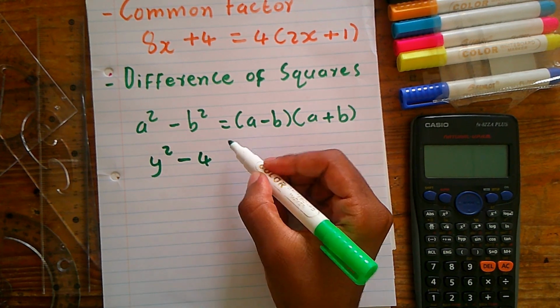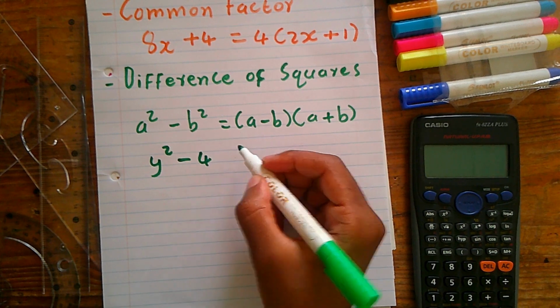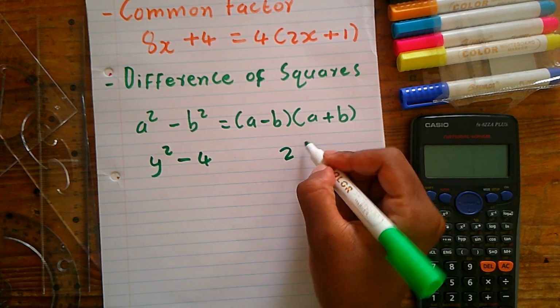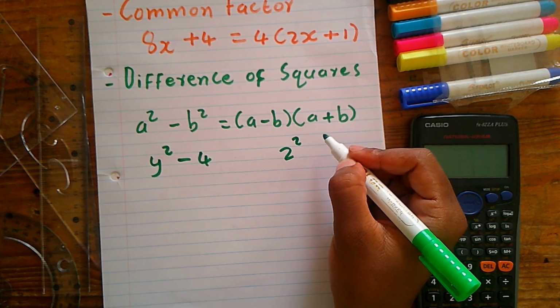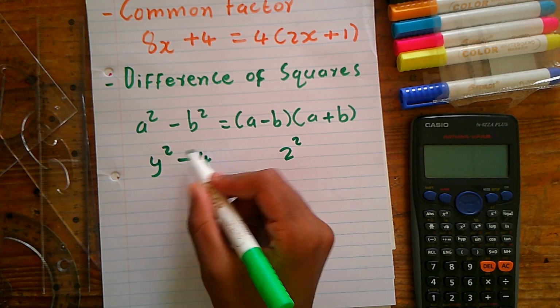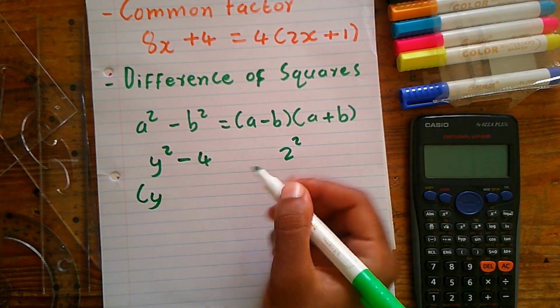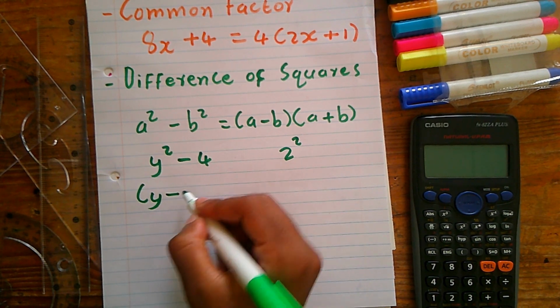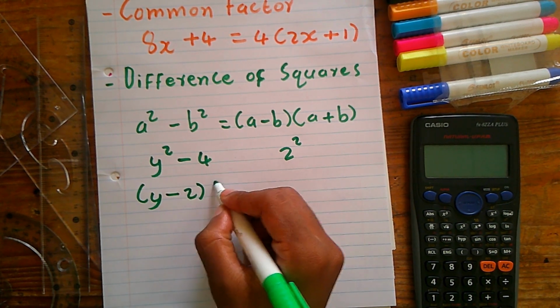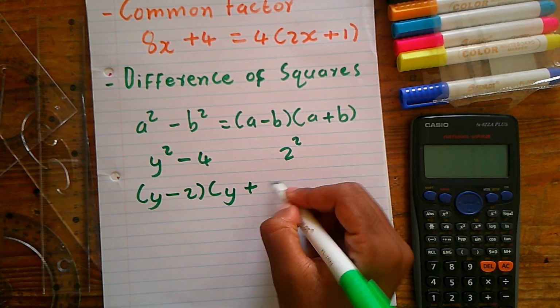Now, I want you to notice that this 4, we can also rewrite as 2 to the power of 2. So what we can then do is factorize this as y minus 2 and y plus 2.